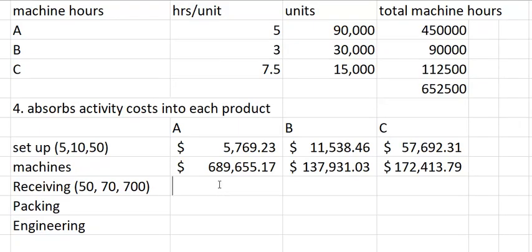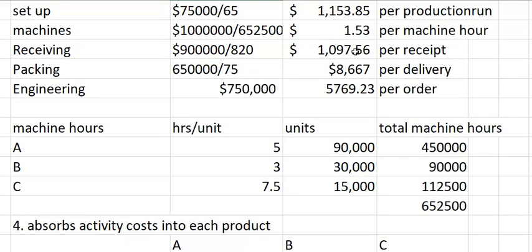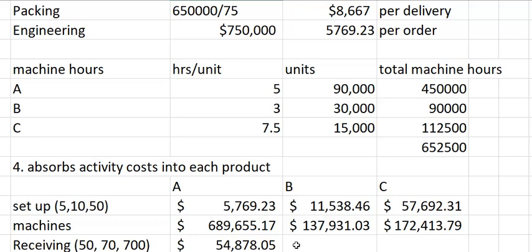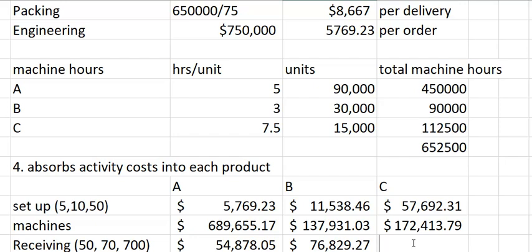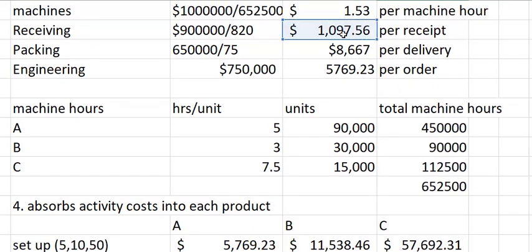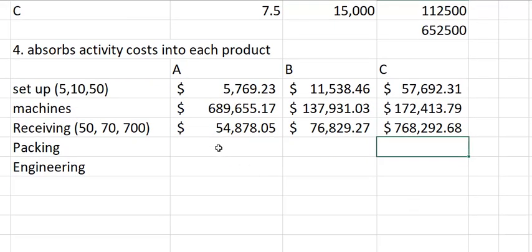Like that. So here it will be on A, you take 50 times the cost driver. And here it will be 70 times the cost driver. If you are lost, please let me know. And here it will be 700 times the cost driver. Alright, so we are almost there.